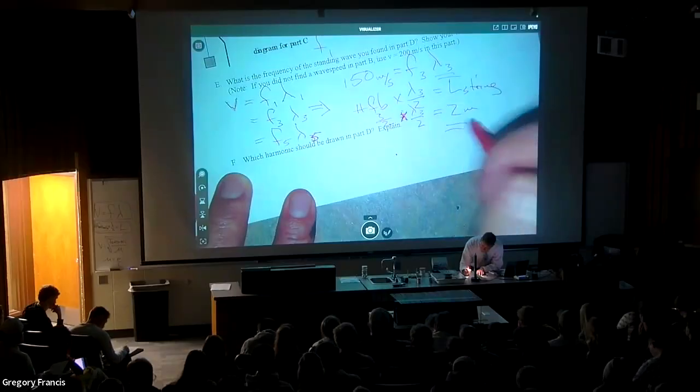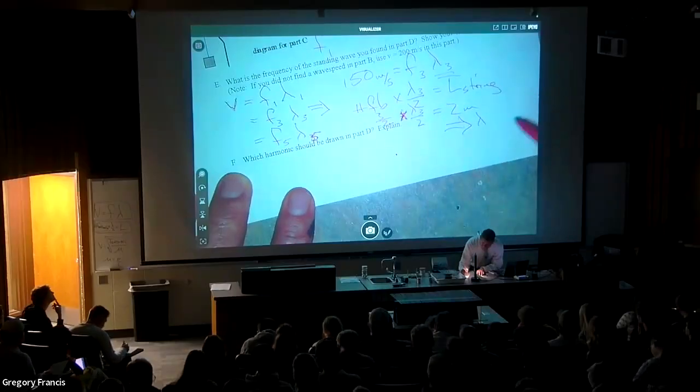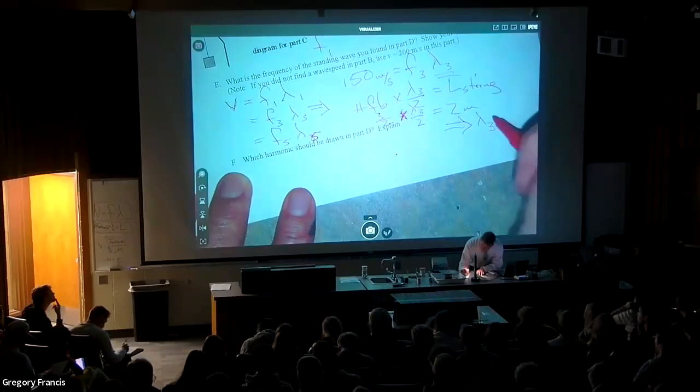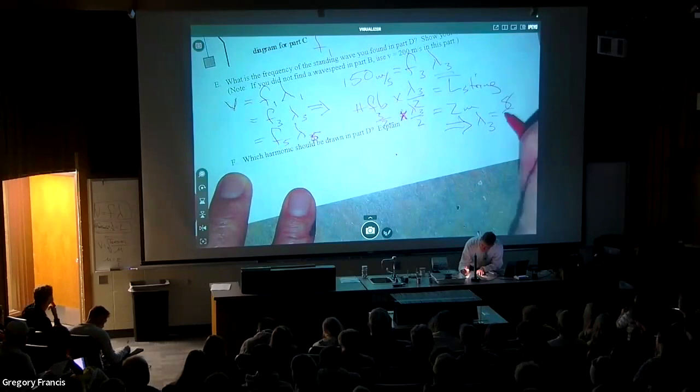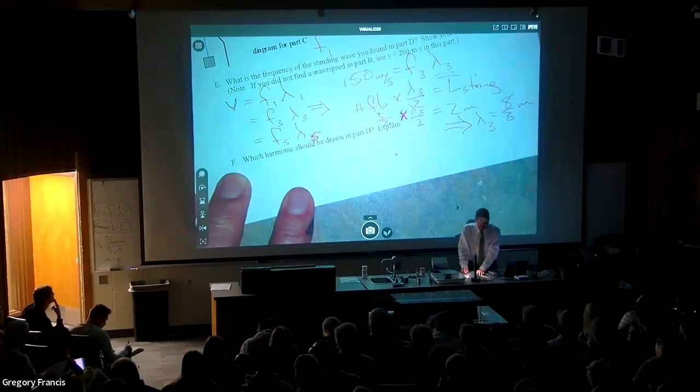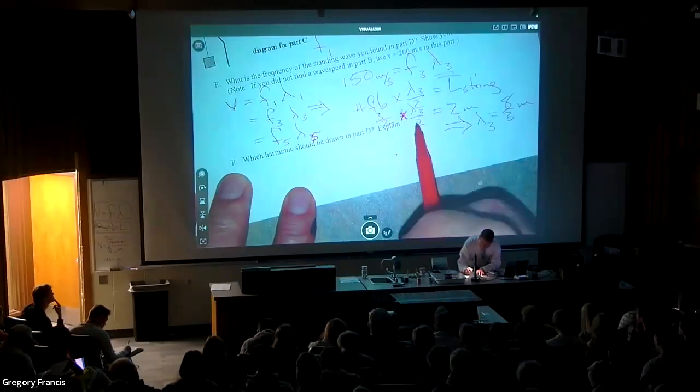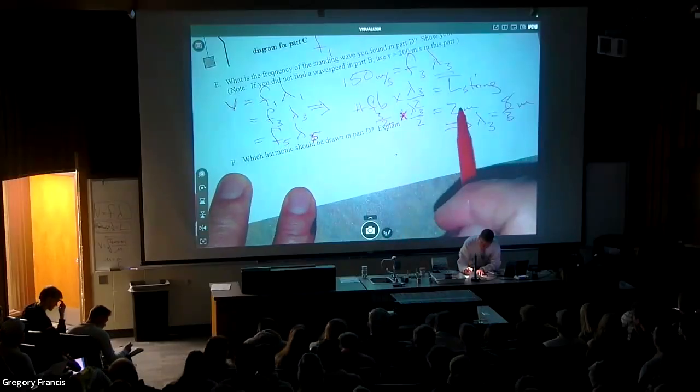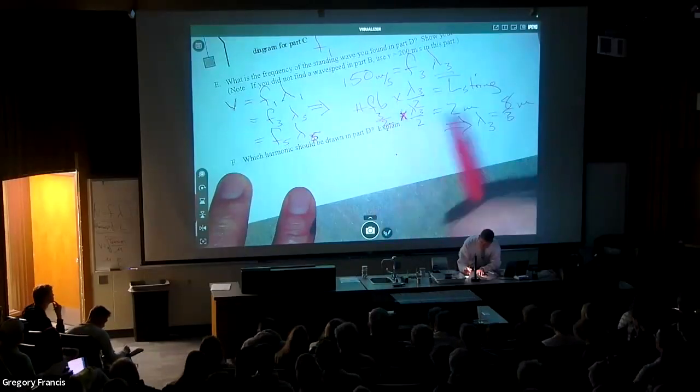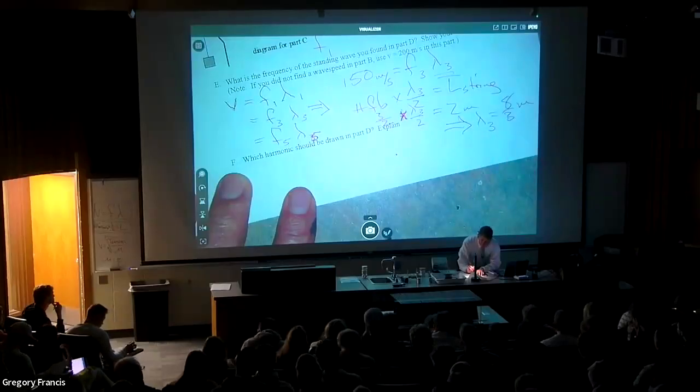And that gives me that the lambda for the third harmonic is 8/3 meters. Does everyone see how I got that? I just multiplied both sides by 4 and divided by 3, and this became 8/3. Okay?